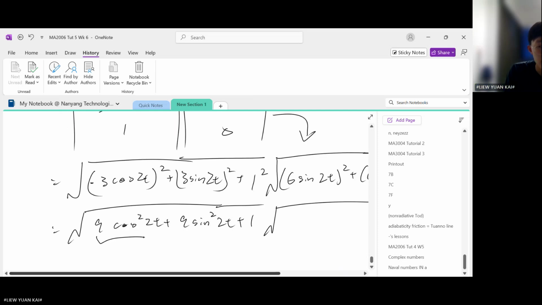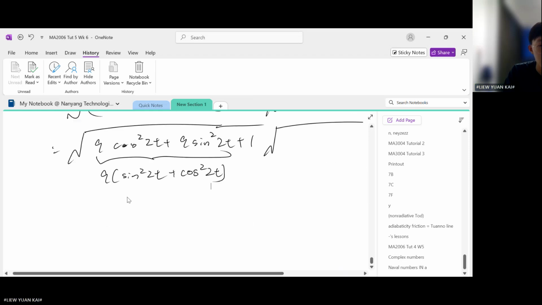You see, this can become 9 times sine squared 2t plus cos squared 2t, which I already told you this is just 1. Okay, so 9 times 1 is 9. Then don't forget to plus 1, it'll become 10. So the first square root becomes square root of 10.